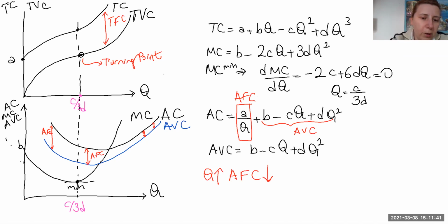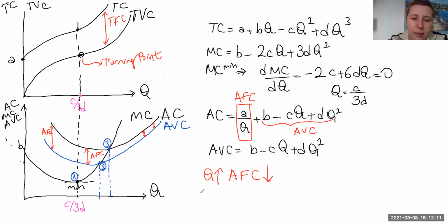Another important point here is the minimum point of the average variable cost and the average cost here. Let's say this one is point 1, point 2, and point 3. Point 1 is the minimum point of the marginal cost, which is the turning point of the total cost and total variable cost.